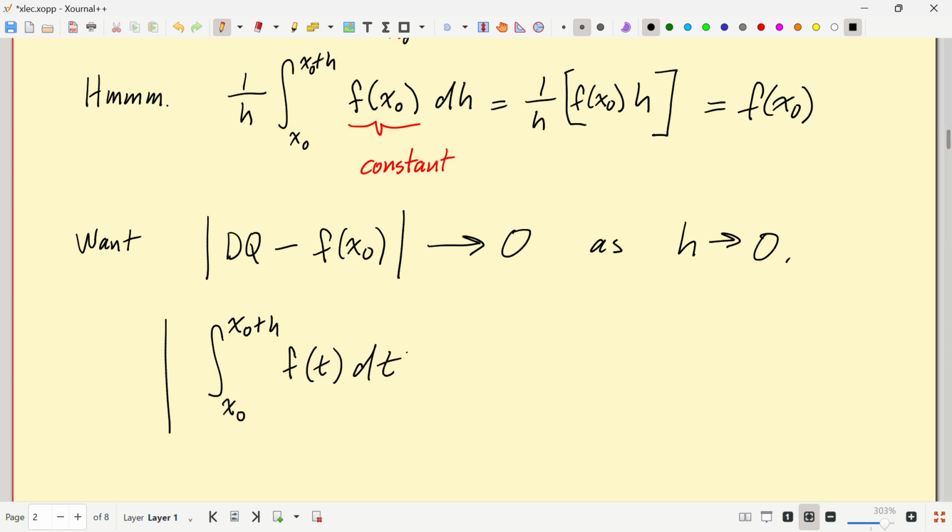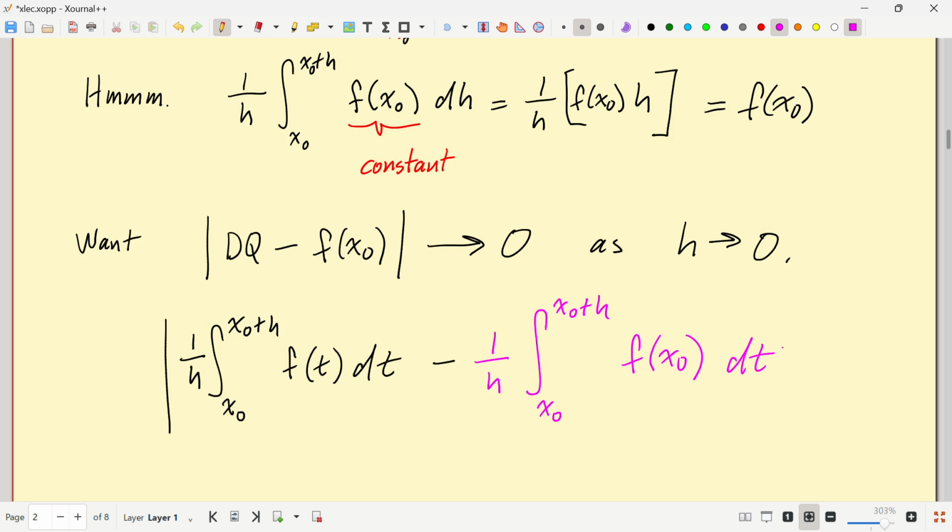And I just showed you that f of x naught is equal to 1 over h times the integral from x naught to x naught plus h of a constant, f of x naught, dt.